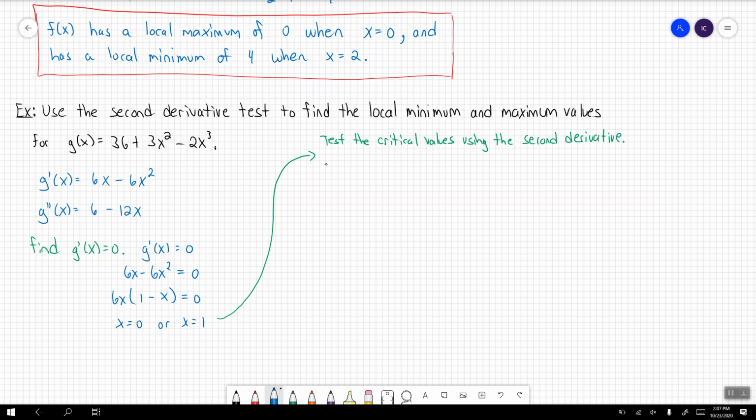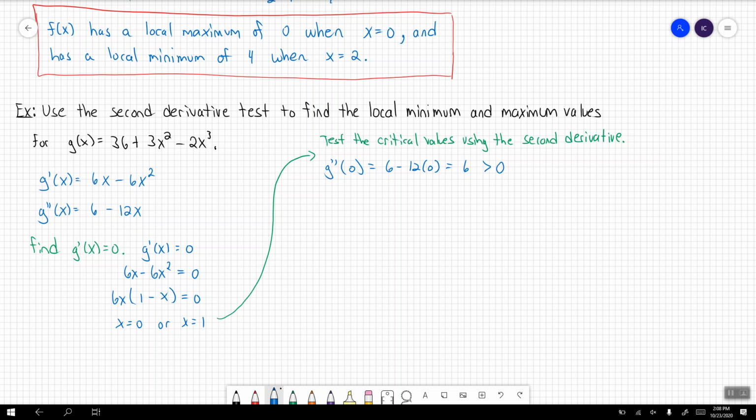So g double prime, I'm first going to test it at 0. So the second derivative evaluated at 0 then gets me 6. And this second derivative, again, I'm looking at the signs. This sign is positive, which means it's greater than 0. And if it's greater than 0, then this means that we have the function to be concave up. If it's concave up, then that means we're going to be looking at a local minimum at 0. So that's one of the items.